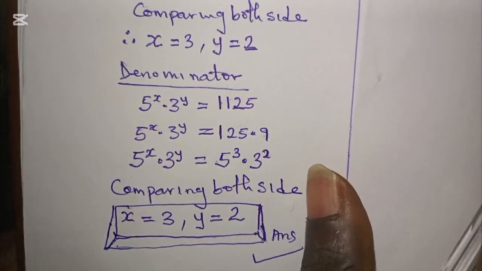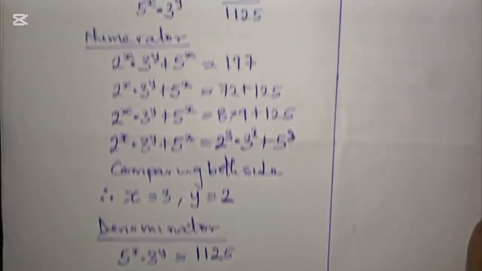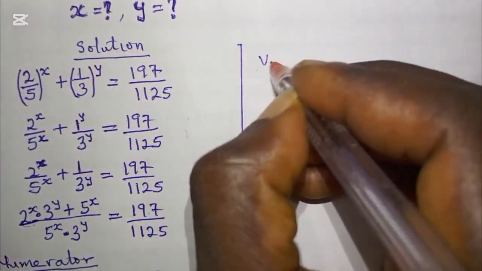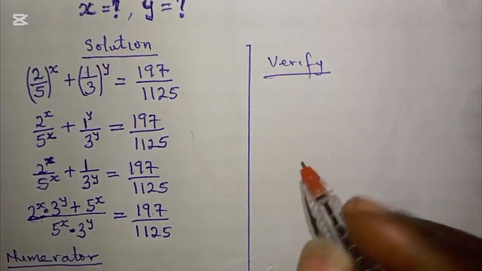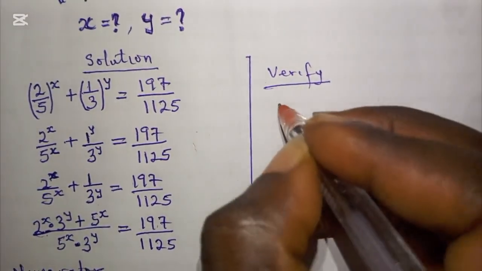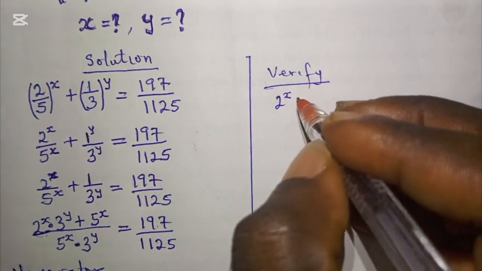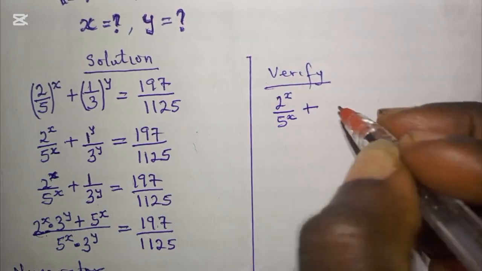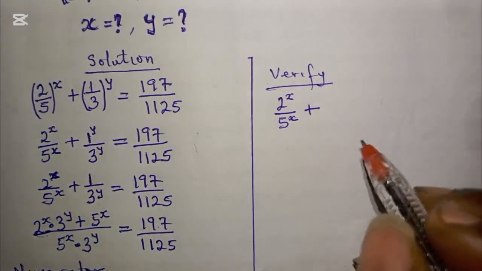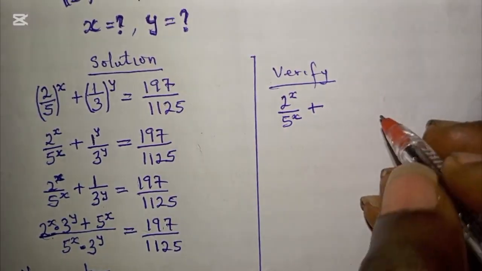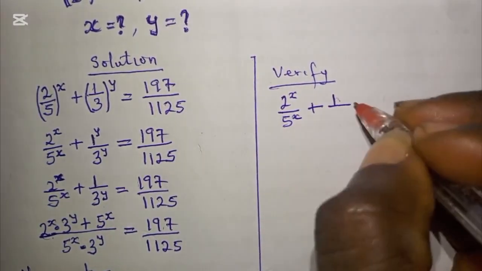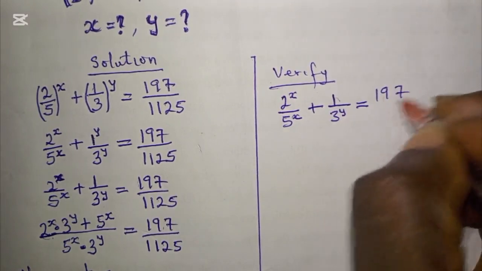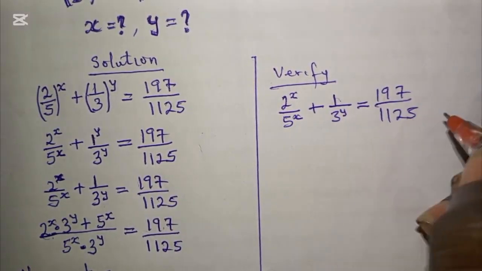So to verify, we have 2 raised to the power of x over 5 raised to the power of x, I've already split the value, then we have here 1 divided by 3 raised to the power of y equal to 197 divided by 1125.